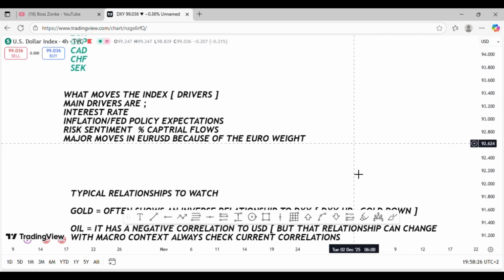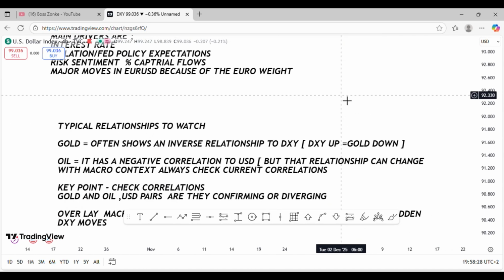You understand? And then we have what we call our typical relationships to watch. Gold, guys, is the important one because we all trade gold. Gold shows an inverse relationship to DXY. So if DXY buys, we all know gold has to what? To sell. That is negative correlation.